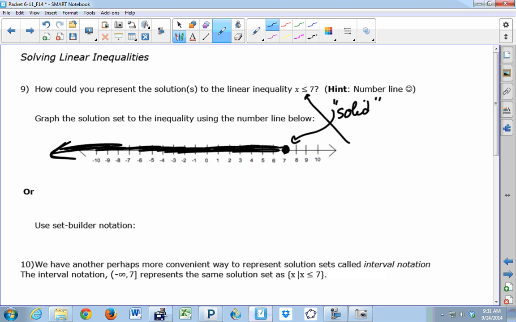Okay, if I put a negative 19.265, it's true. Any number less than or equal to 7. So that's why we have a solid dot. What kind of dot do we have if we're not equal to 7? Open. So if it said X less than 7, you would put an open circle at 7. Then you would still put a nice big fat arrow all the way to the left.